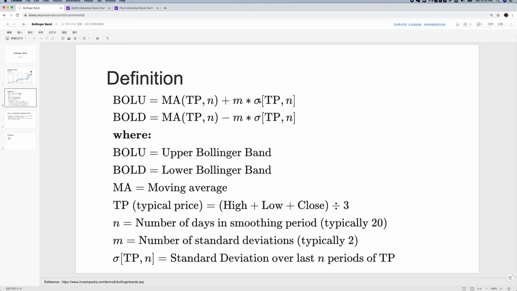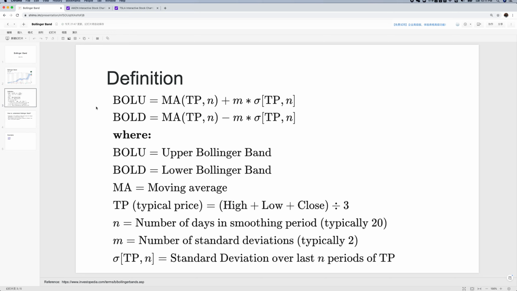But of course, if something big happens, let's say the income statement of last quarter just comes out and the company performed very badly or performed very well on a certain quarter, then it's very likely suddenly all the participants in the market change their views about the value of this company. Then the price might change very dramatically. Otherwise, it's reasonable to assume that the price will be trading within the Bollinger Band.